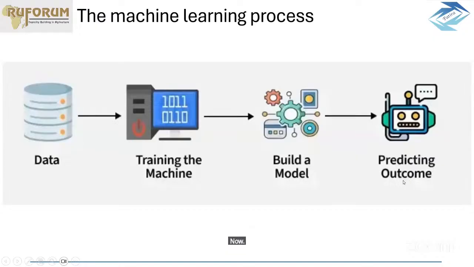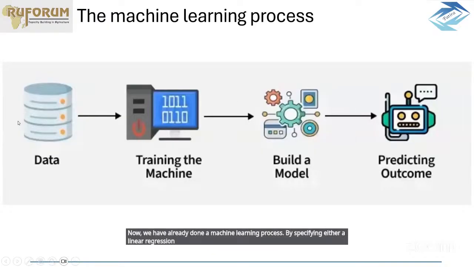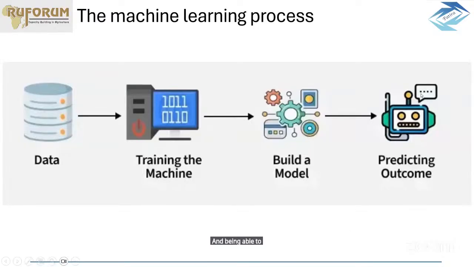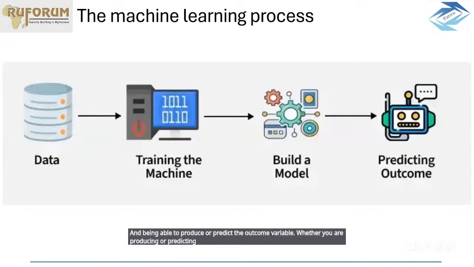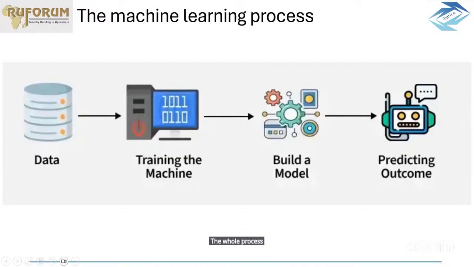Now, we have already done a machine learning process by specifying either a linear regression or a logistic regression and being able to predict the outcome variable. Whether you are predicting a linear outcome or a classification outcome, the whole process ends in prediction because that is the ultimate aim of modeling.